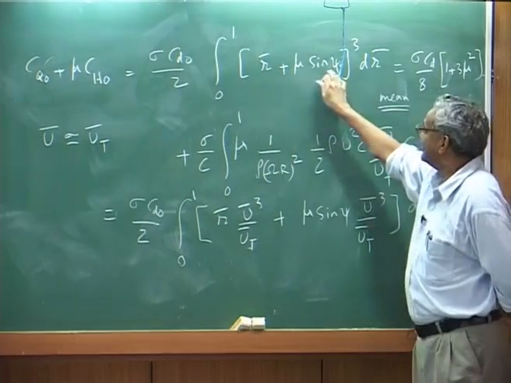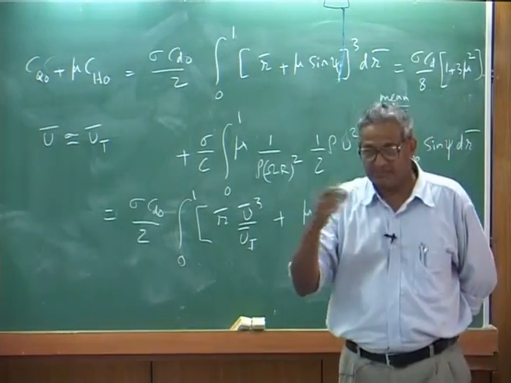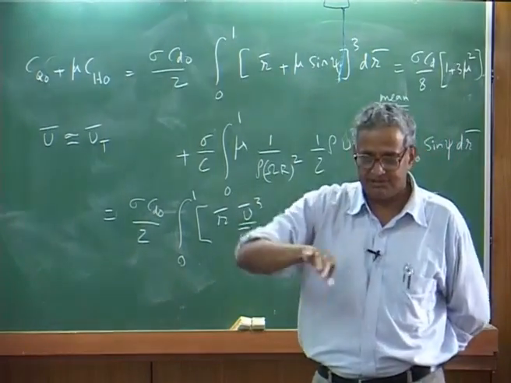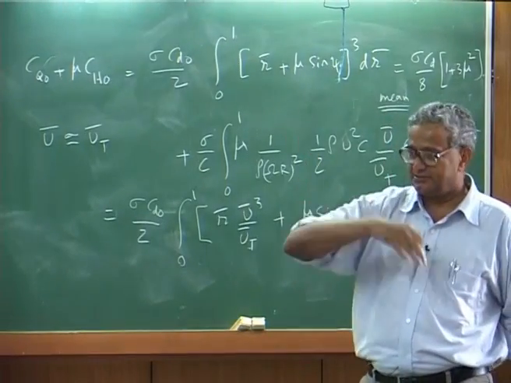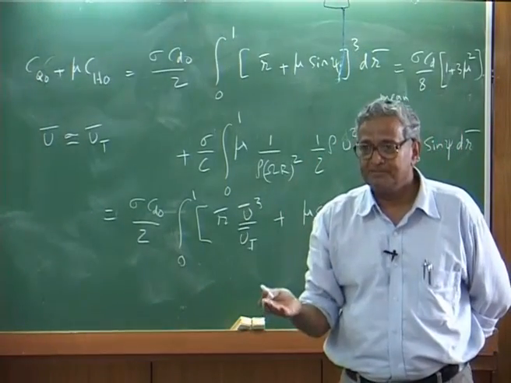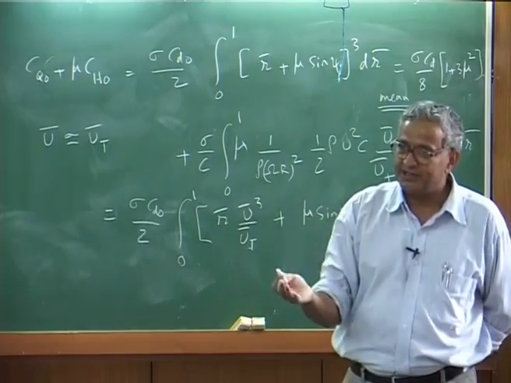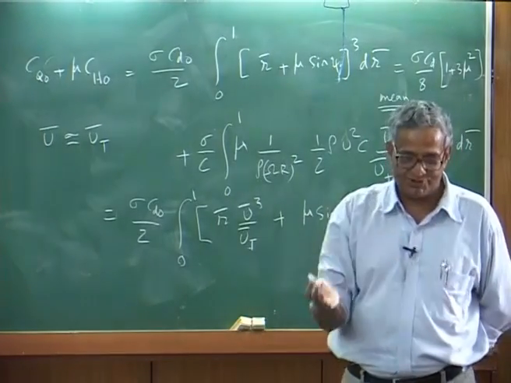And then anything which has a sin psi, the integral of sin psi over 0 to 2 pi, that value is 0, then sin 2 psi or cosine 2 psi, that is also 0.